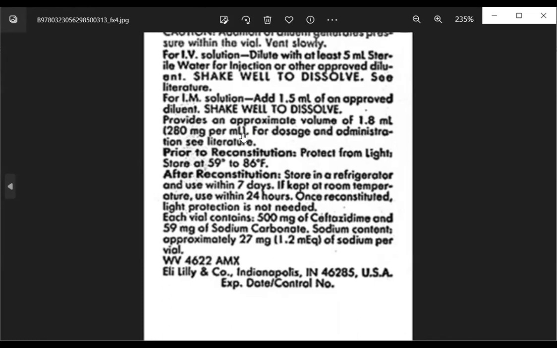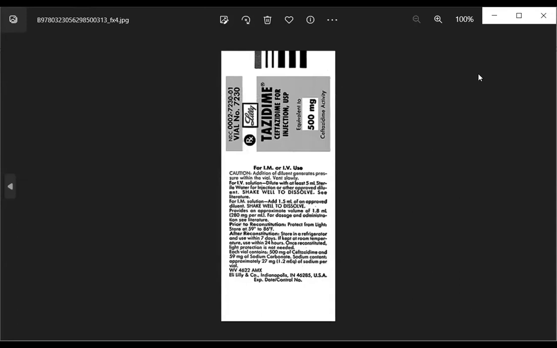What's helpful is looking at the different types of reconstitution questions, labels I should say. On the OneDrive folder, you will see a bunch of examples of that. It's labeled Reconstitution RX labels.